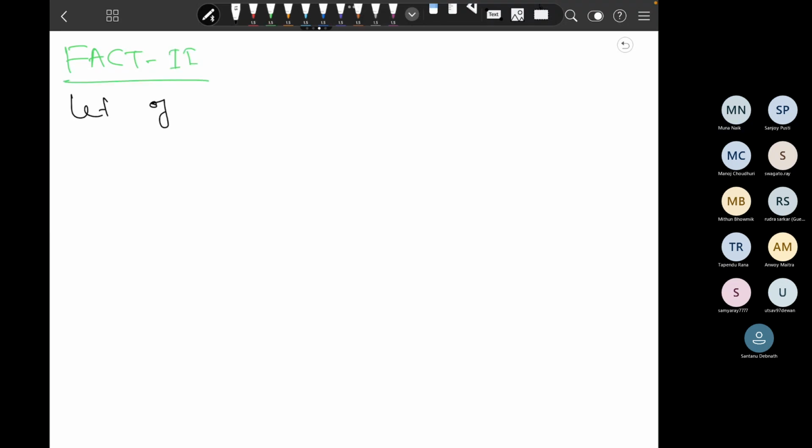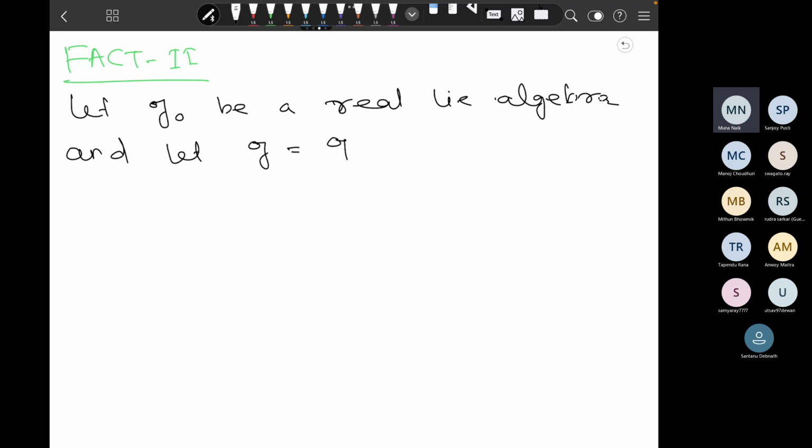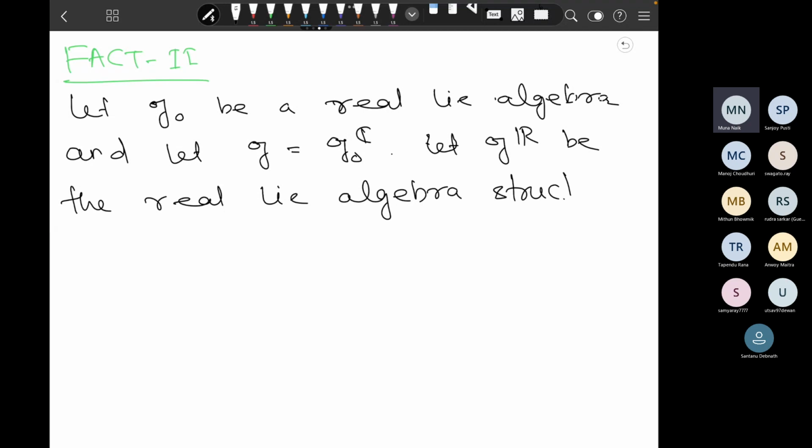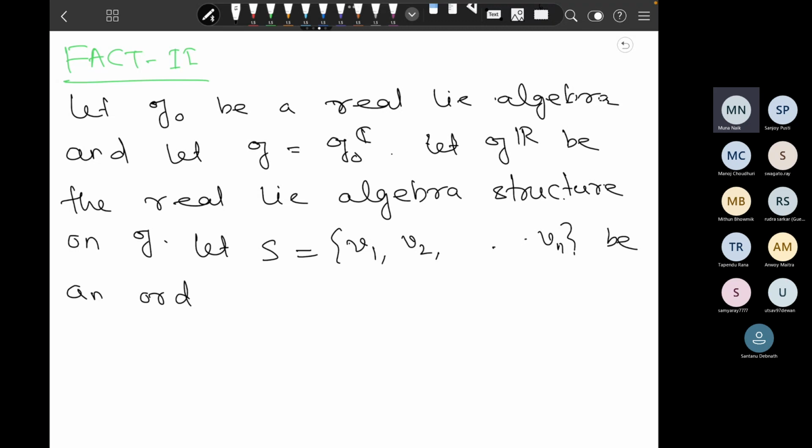So let G naught be a real Lie algebra, and let G be equal to G naught's complexification, and let GR be the real Lie algebra structure on G. So let S is equal to V1, V2, up to Vn be an ordered basis of G over C. Now GR is a real Lie algebra.